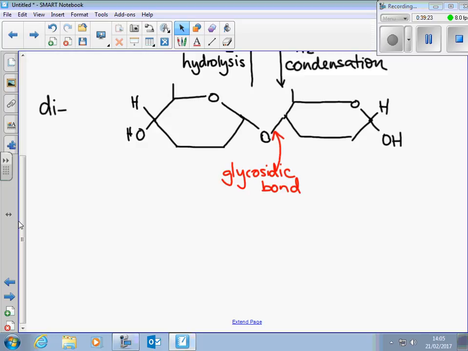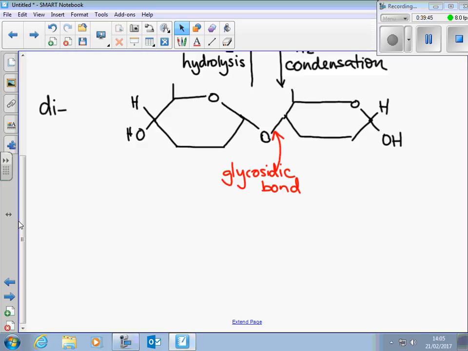This idea about them being sweet, there are various scales that are used to measure sweetness. One that I've come across that is quite a useful one to keep in mind is one where sucrose, just our ordinary domestic sugar, is given an arbitrary sweetness value of 100.